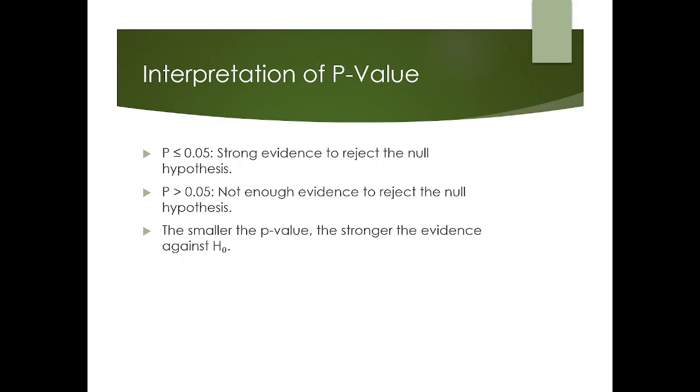Now, interpretation of p-value. P-value is less than or equal to 0.05. Whenever you carry out your statistical analysis and your p-value is less than or equal to 0.05, we say that there is strong evidence, hence we will reject the null hypothesis.